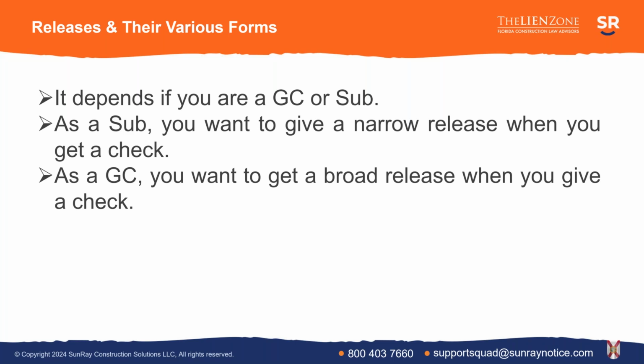So again, when you're giving someone a check and you're getting a release, you want that release to be as broad as possible, but the opposite is always true. When you're giving someone a release and getting a check, you want to give away the fewest rights as possible.